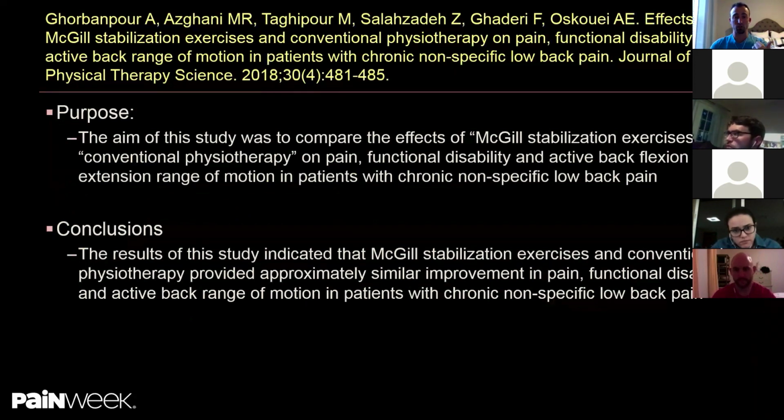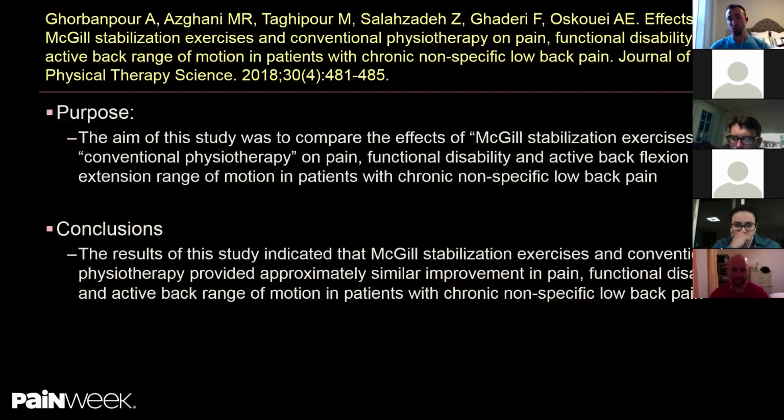And what they did was use, so if you're familiar with McGill's big three, you know that it's the specific curl up that he advocates for, the bird dog, and the side plank, if I'm not mistaken. So these were the exercises that they used, programmed how Stu McGill would encourage them to be programmed, and they were compared to conventional physiotherapy, which was just some basic trunk-focused exercises and range of motion exercises, pulling both knees up to your chest, pulling single knee up to your chest, doing some pelvic tilts, and doing some bridges, I believe is what they compared it to.